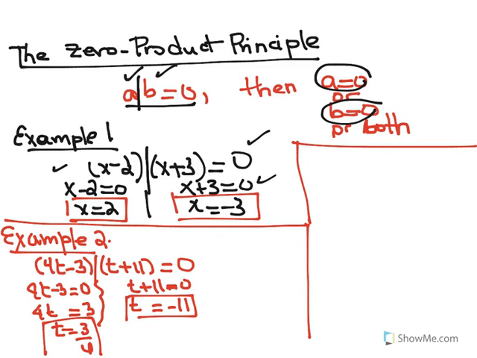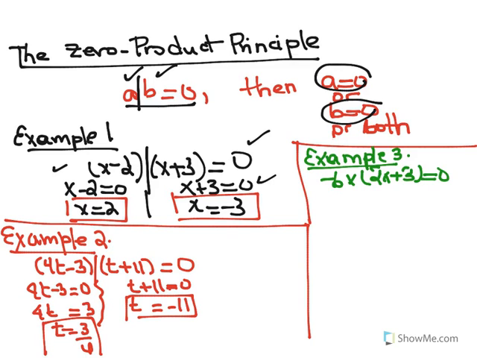Let's do a last example about the use of the zero product principle. I'm going to call this example 3. Let's say that I have negative 6x times 2x plus 3 equals 0.